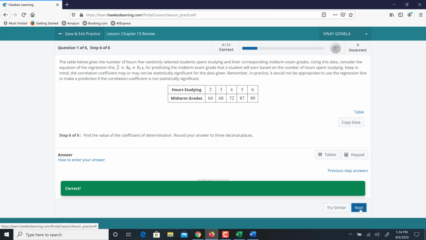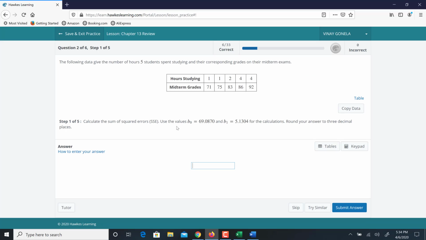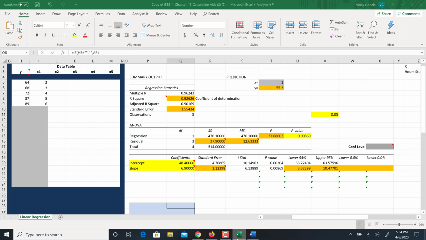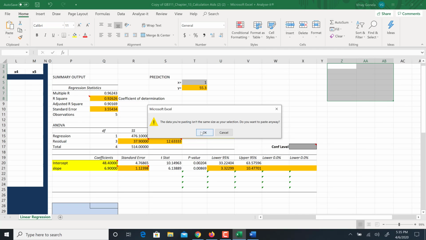So that is how you are going to solve this, and then calculate the sum of the squares of error. This is another problem. If you see hours of studying and midterm, I will copy this now, delete this and paste the new data.